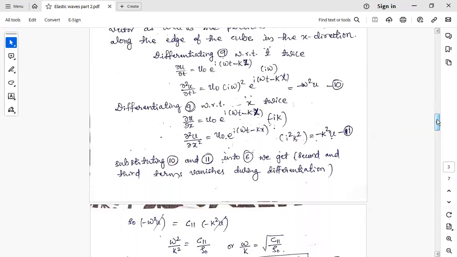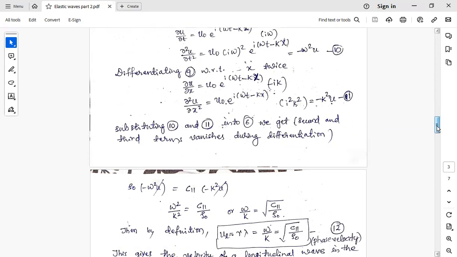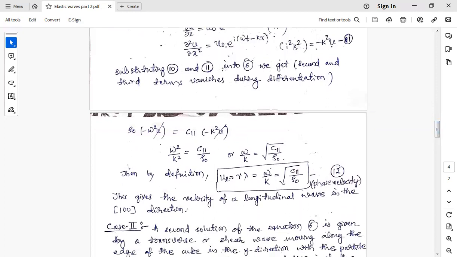Again, this is equation 9. Now it is differentiated twice with respect to x, so we got these things. Equations 10 and 11 are substituted into equation 6. All other terms vanish, because the terms with respect to y and z vanish since the wave is propagating only in the x direction.